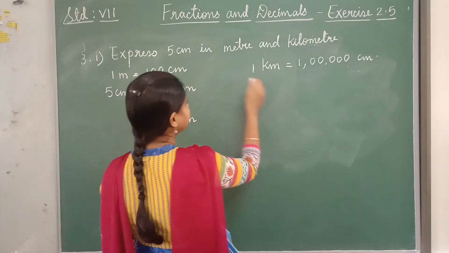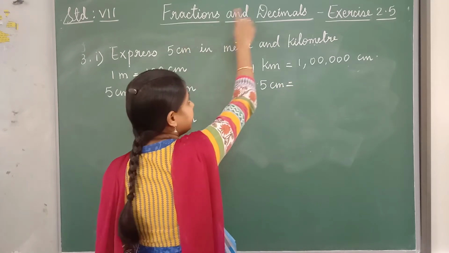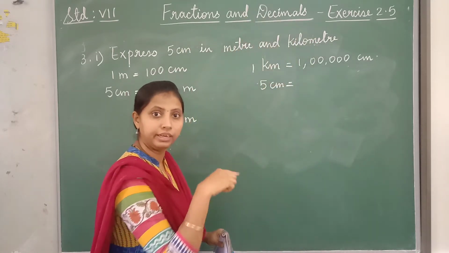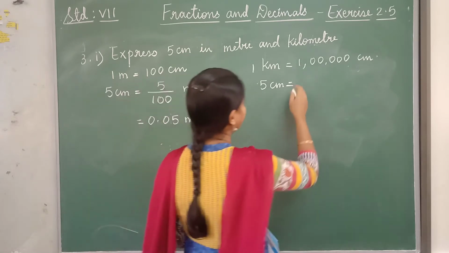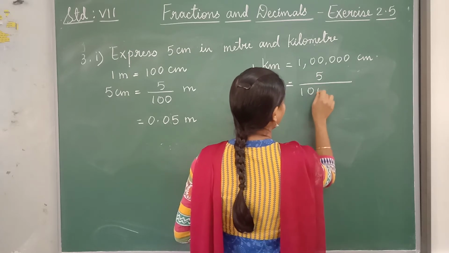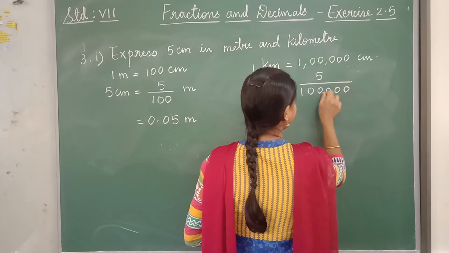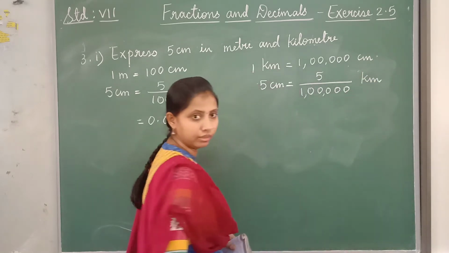So now we are converting 5 centimeter into kilometer, into a greater unit. So you have to divide, children. So 5 divided by 1 lakh. This will be converted into kilometer.